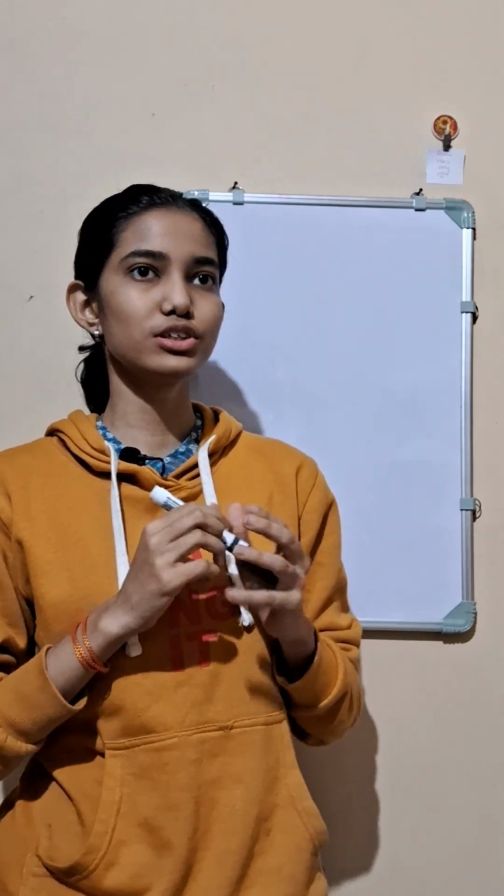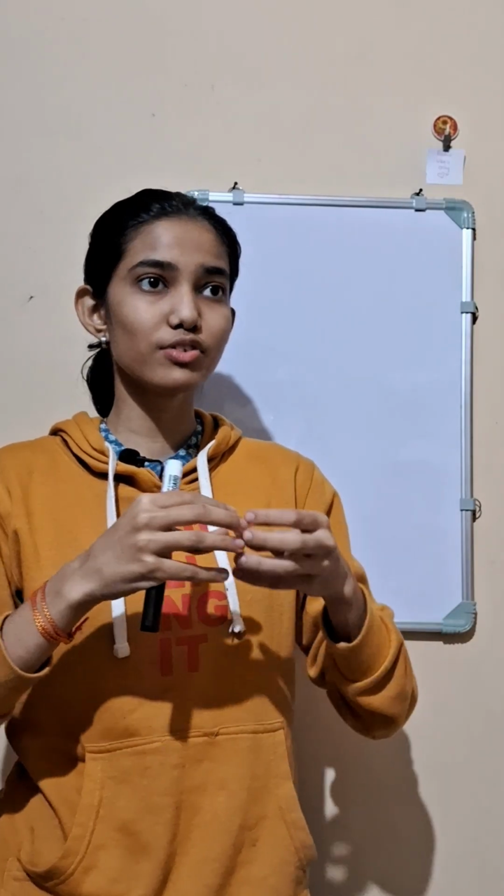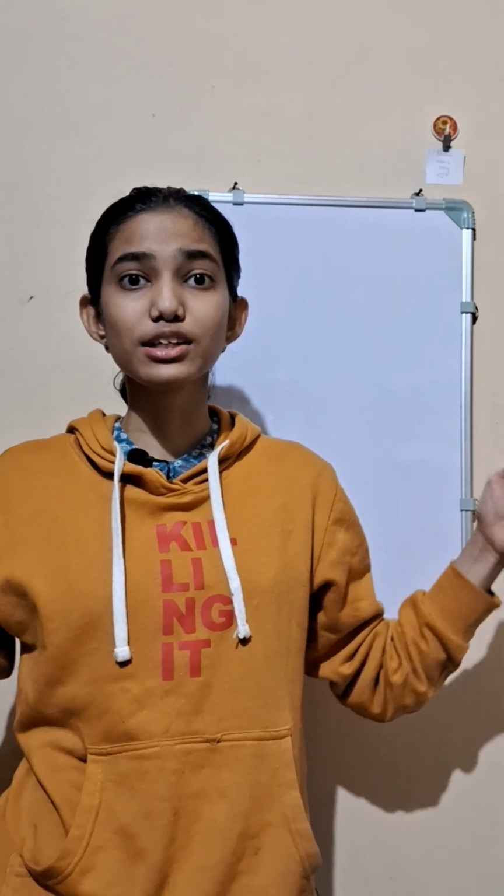You know that when we stretch a wire, the length of the wire increases but the diameter of the wire decreases, because volume will remain constant, and if its length is increasing, the surface area should decrease.